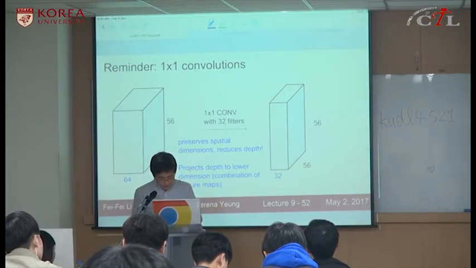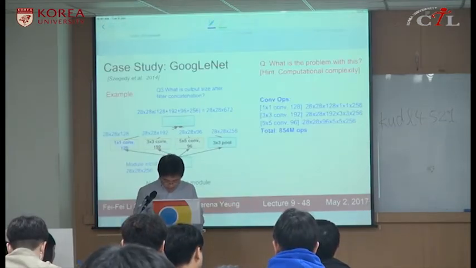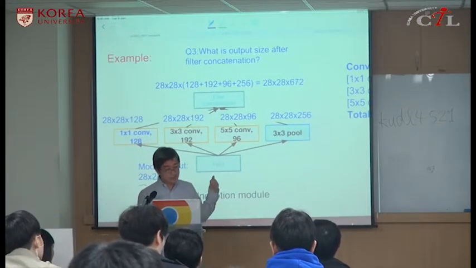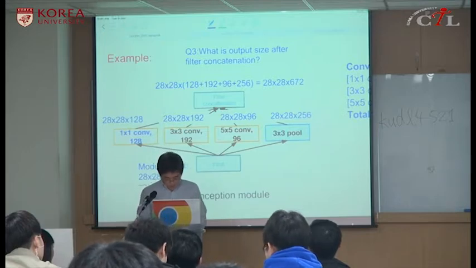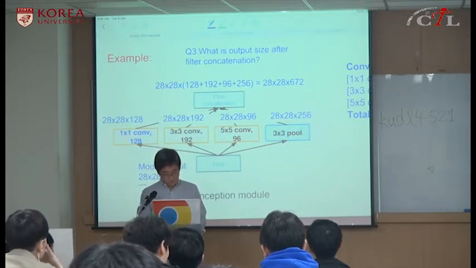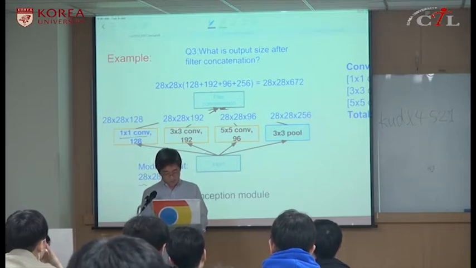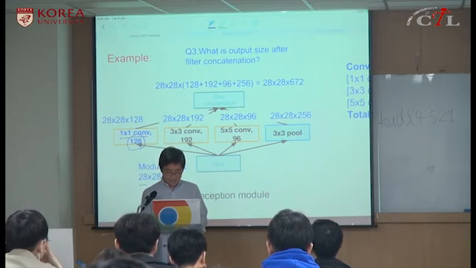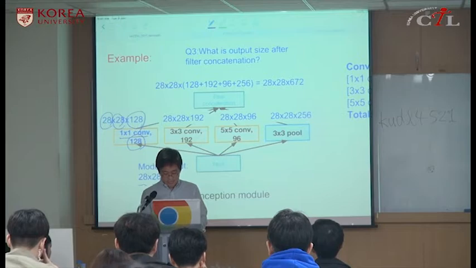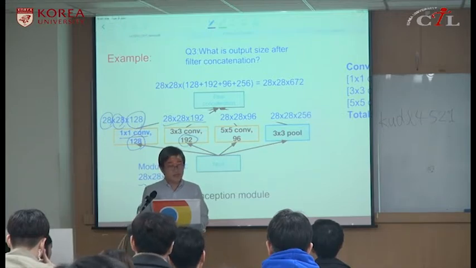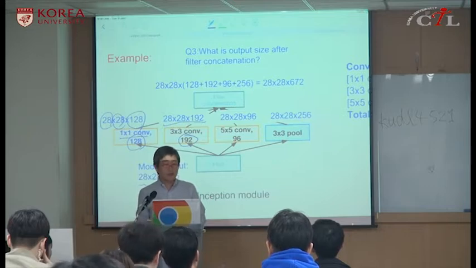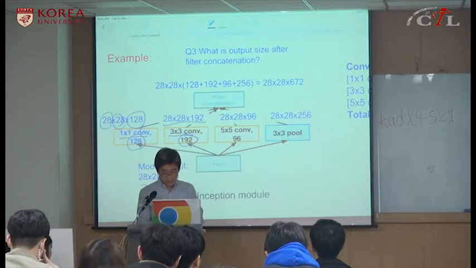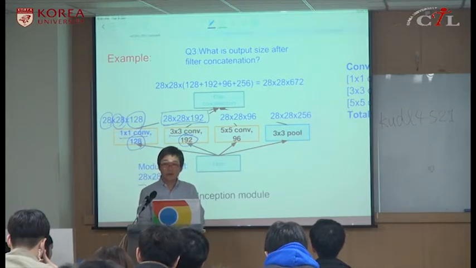So now you guys can understand these numbers, right? So we have 28 by 28. This is an Inception module version 1, but it has a depth of 256, and then we apply 1x1 conv, and the number of convolution filters is 128, and then 28 by 28 by 128, and then in this case we apply 192 convolution filters whose spatial size is 3 by 3, using the padding size as 1, and then we obtain this number of output activation maps.